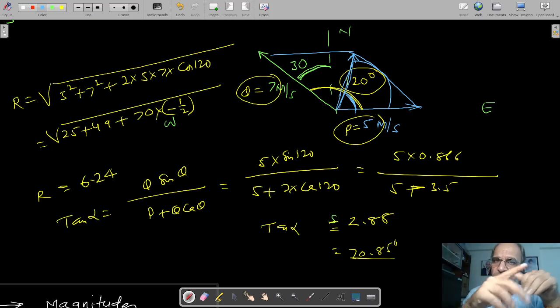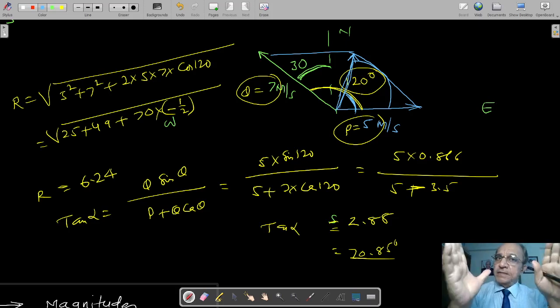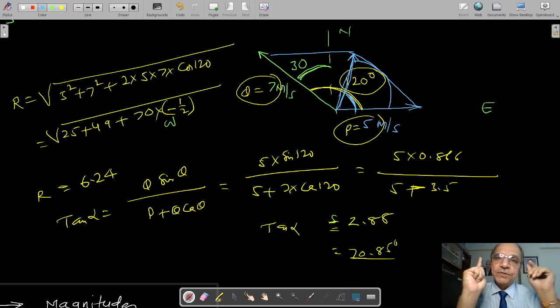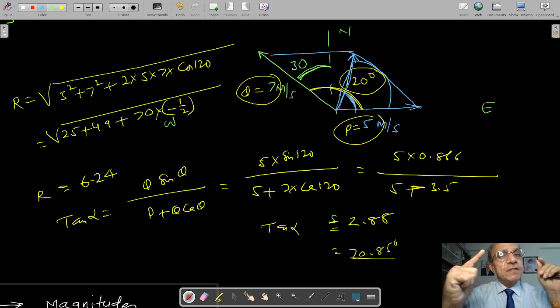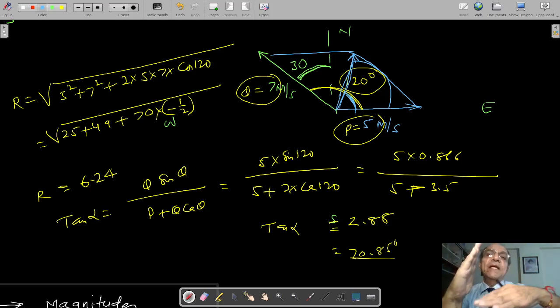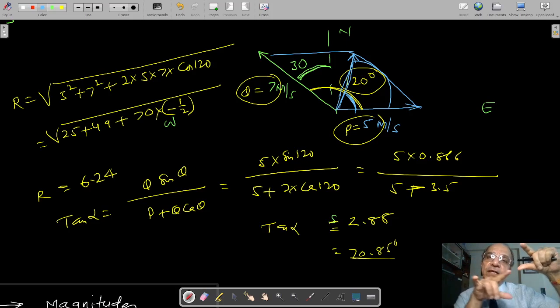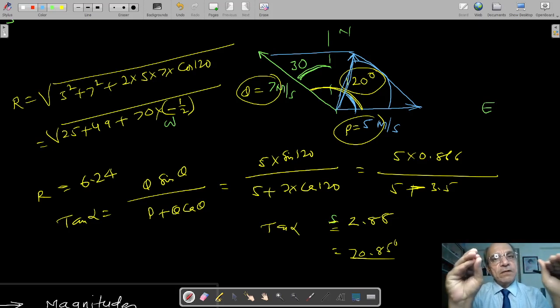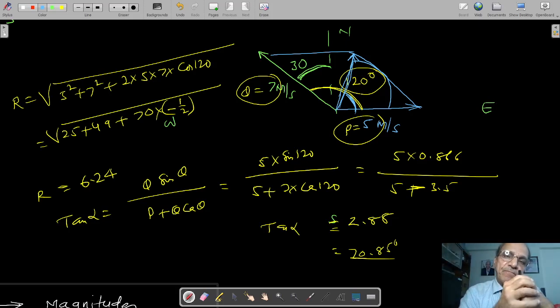If the angle between the two vectors is theta, then the magnitude of the resultant will be square root of p square plus q square plus 2pq cos theta, and the angle which this resultant would be making with the first vector p, alpha, will be given by tan alpha equals q sin theta divided by p plus q cos theta. So you know the magnitude and direction of the resultant. This is one technique of how you can calculate the resultant of two vectors.